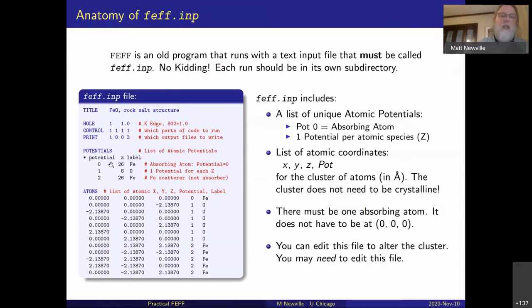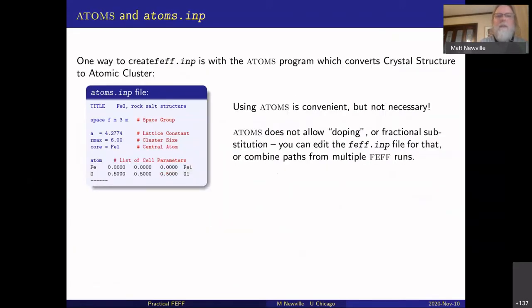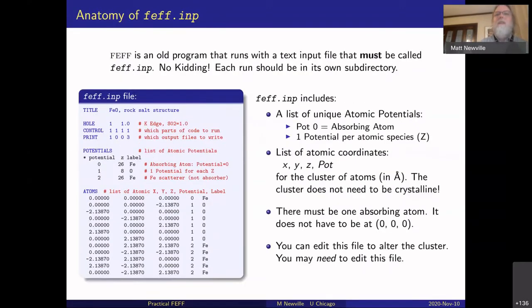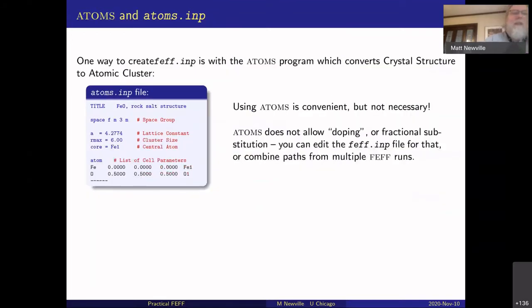So just change the Z there so that the central atom is arsenic. And that would calculate the arsenic K edge for arsenic substituted for iron in the iron oxide structure. I think there are other things you can do, but in the interest of time, I won't dwell on them.